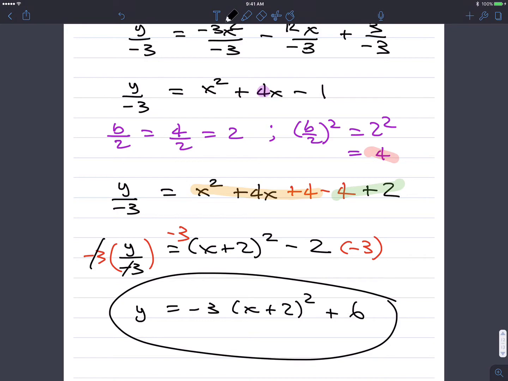So as you can see, the first set here of problems were designed for us to go through the complete the square process. Number 25.